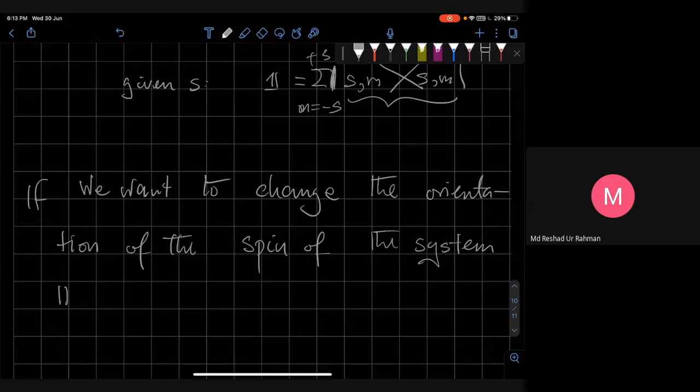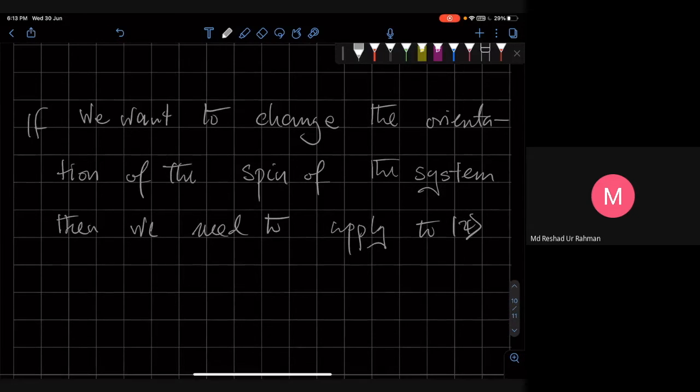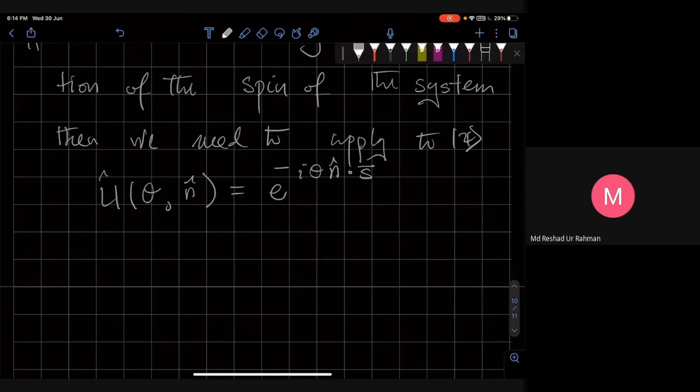Then we need to apply to psi the following operator. U, suppose we want to change it by some angle theta around some axis n. And this is going to be e to the power minus i theta n dot S. Okay. This is an analogy with what we saw for the orbital angular momentum and also the translation operator.